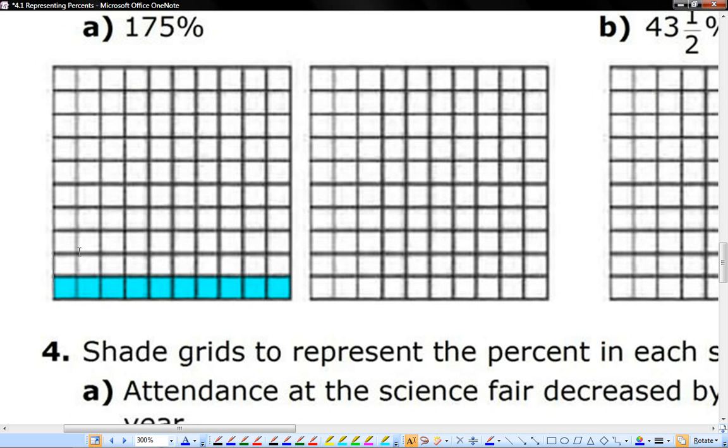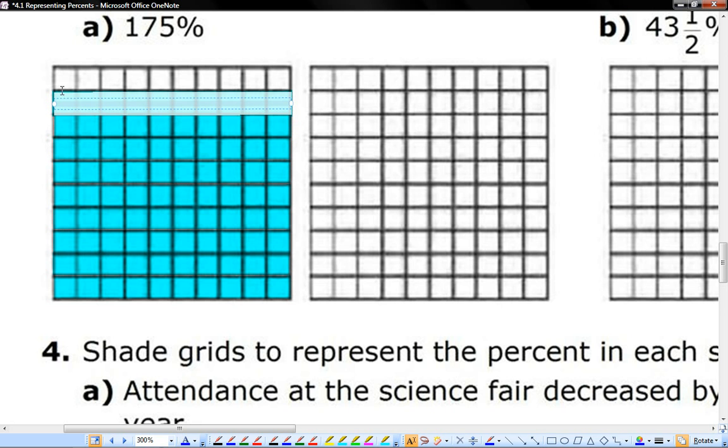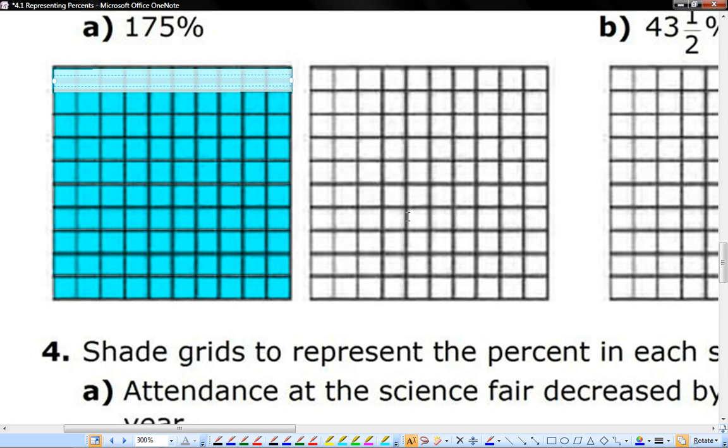10, 20, 30, 40, 50, 60, 70, 80, 90, and 100. So there we've got the first 100% done.